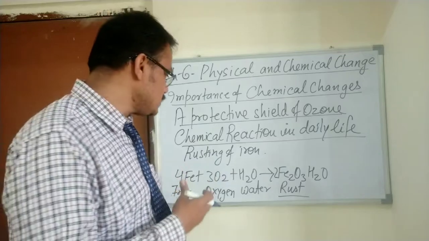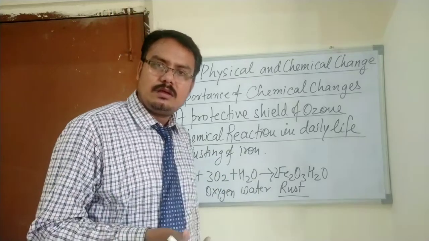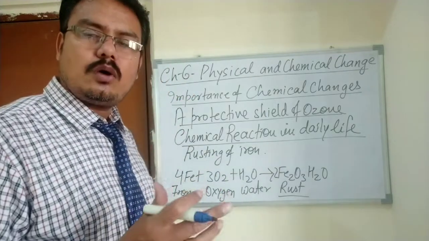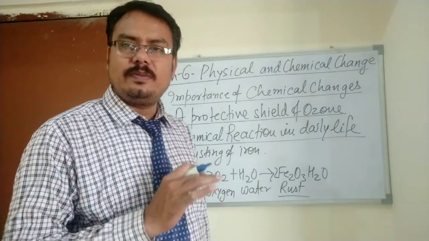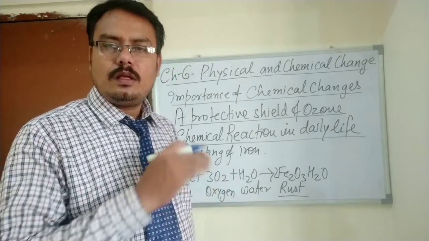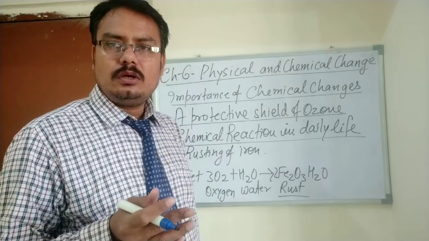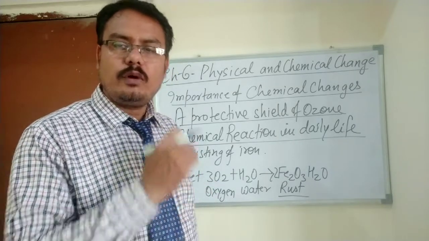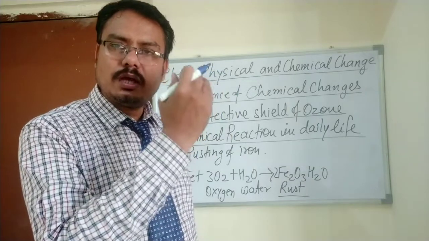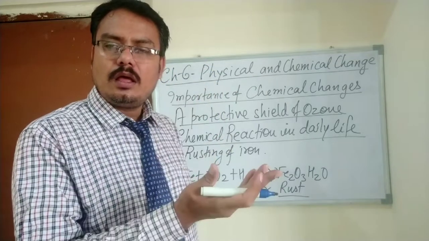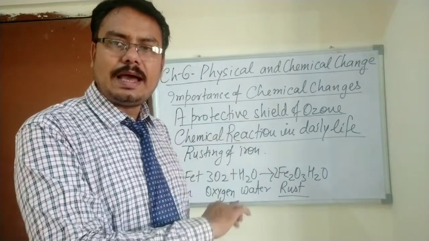So student, what is rusting? You know very well. Rusting is a reddish brown powdery substance that is formed from the upper layer of the iron object due to the chemical reaction of moisture, water and oxygen with that iron object.